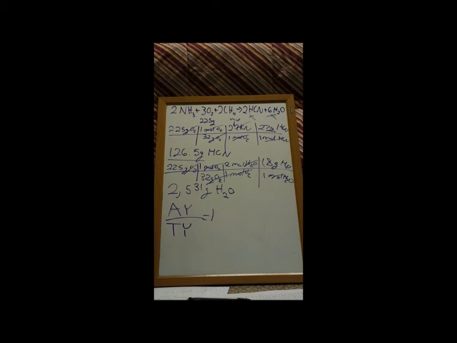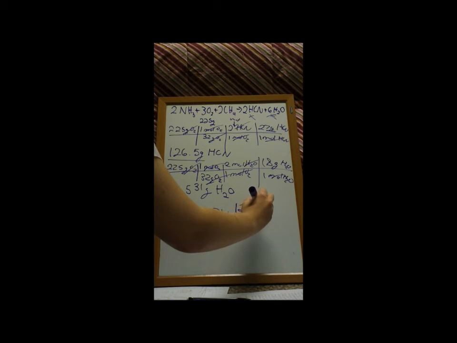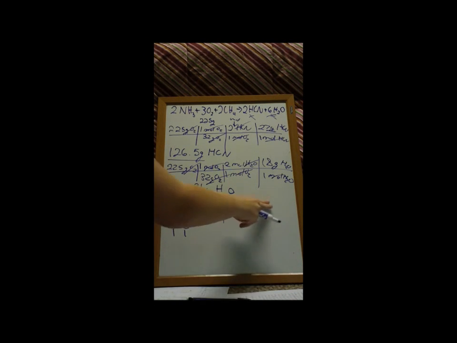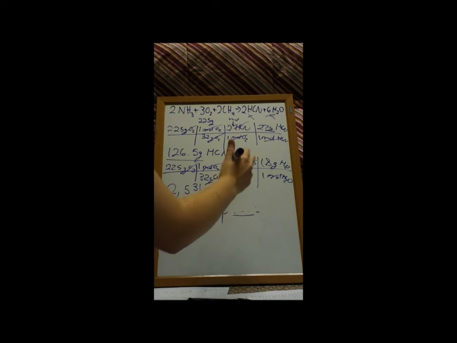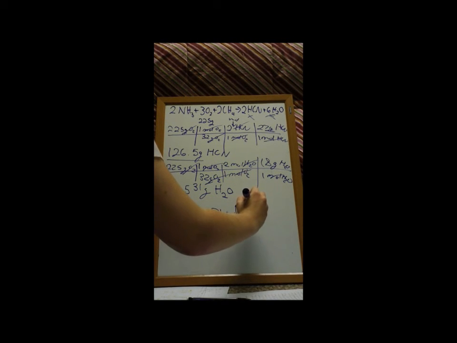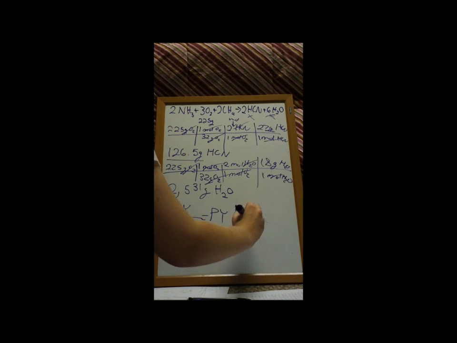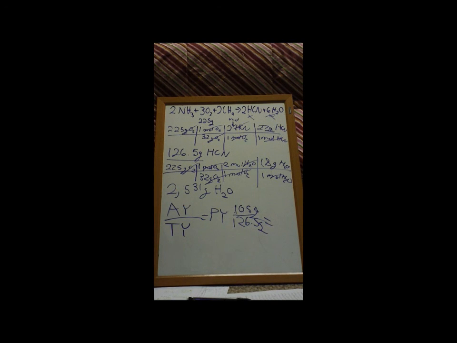So our actual yield is 105 grams over our theoretical yield, which is 126.5 grams. Then we do the percentage of those two.